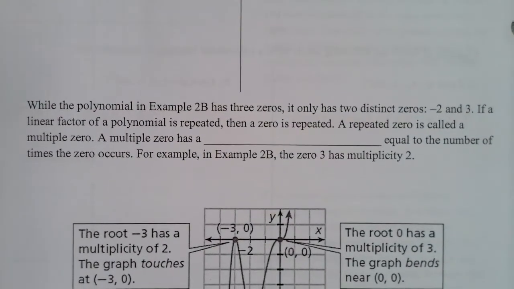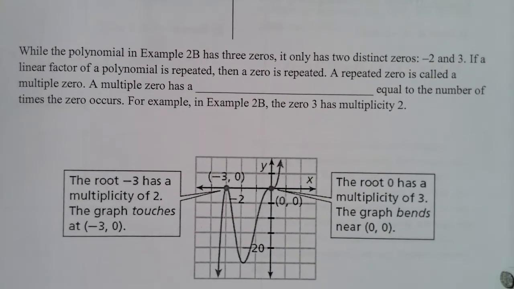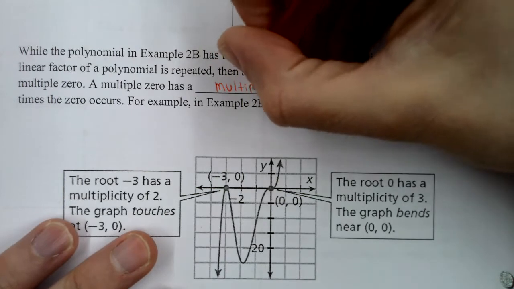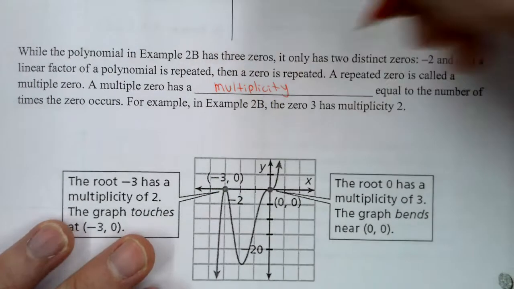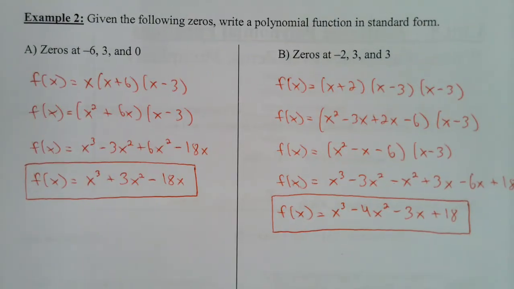If a linear factor of a polynomial is repeated, then a 0 is repeated. A repeated 0 is called a multiple 0. A multiple 0 has what's called a multiplicity, equal to the number of times the 0 occurs. For example, in example 2b, the 0 of 3 has a multiplicity of 2.